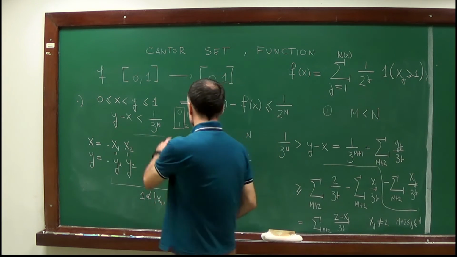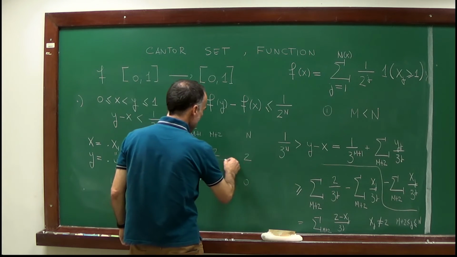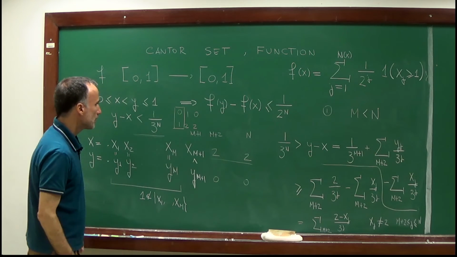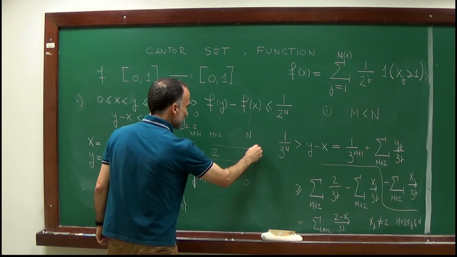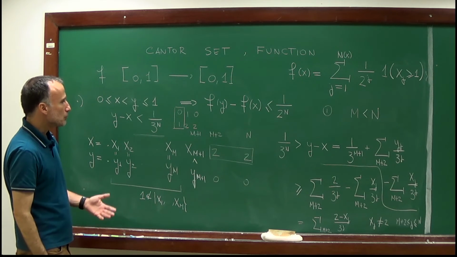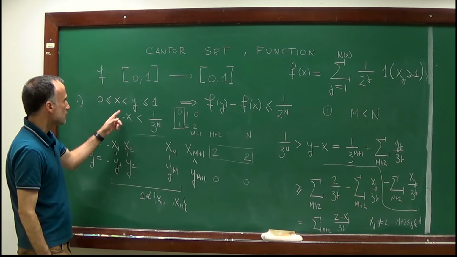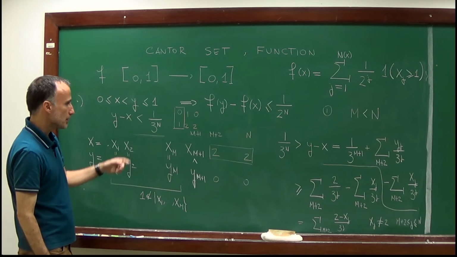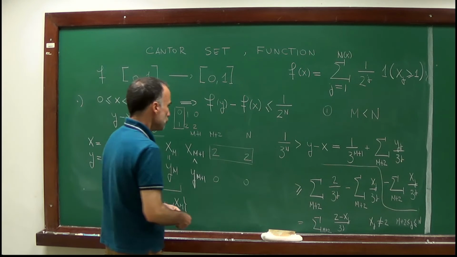So this proves that in this case, all these digits have to be equal to 2 in order to satisfy that strict inequality. So this is case 1.